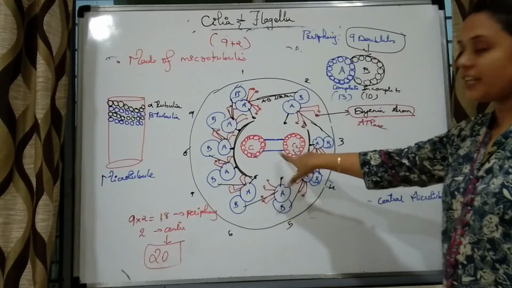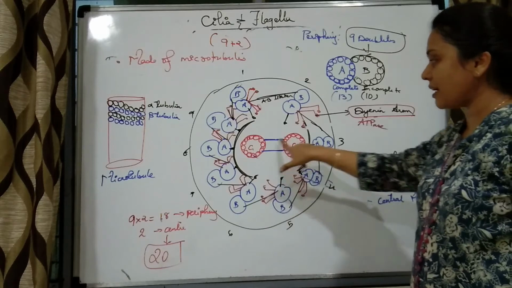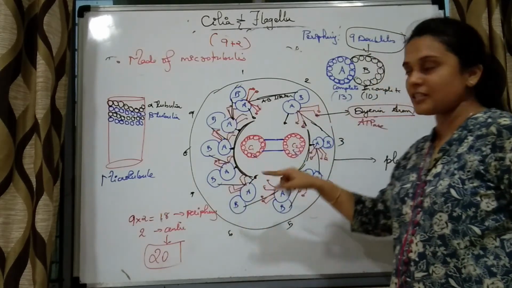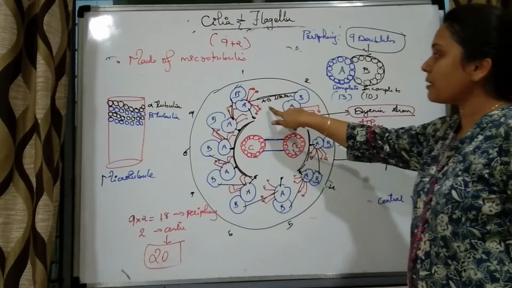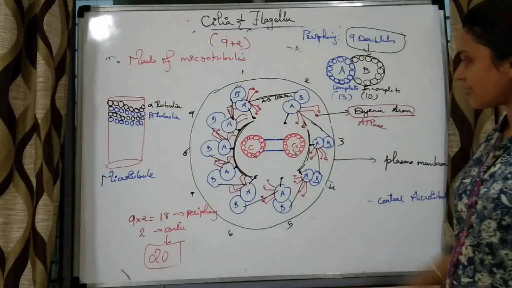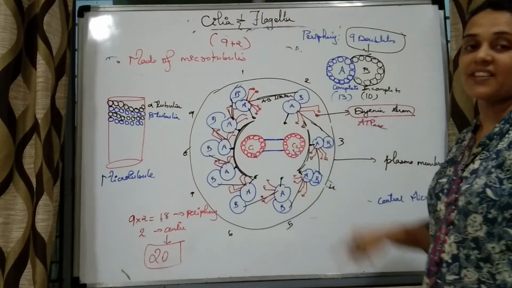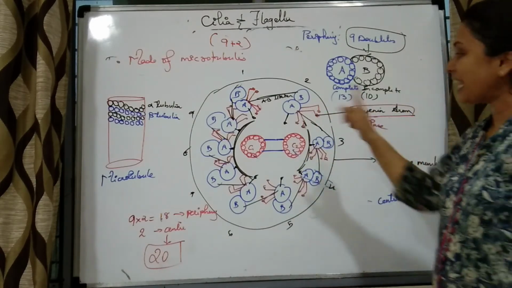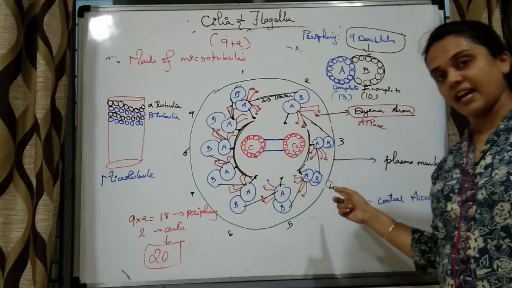So centrally 2 microtubules are present connected by a bridge, in the periphery 9 doublets are present. A is connected with B by the linker, that is the AB linker. The A tubule has arms. Those arms are called dynein arms, inner dynein arm and outer dynein arm.